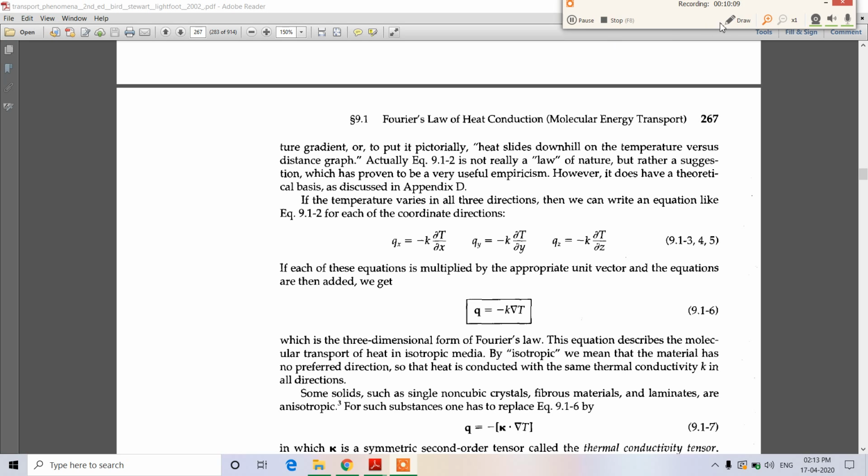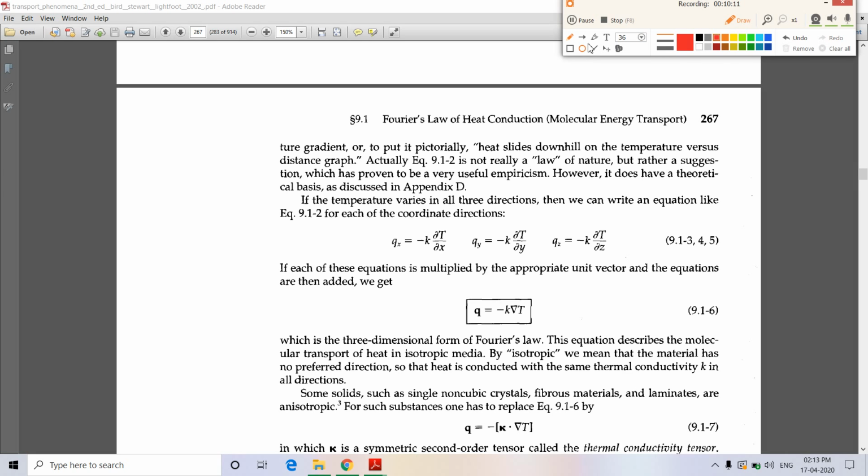If the temperature varies in all three directions, then we can write an equation like this, equation number 2, of coordinate directions. That means, based on the heat flux, we need to write the equation for three dimensions, and here is how we can write it.